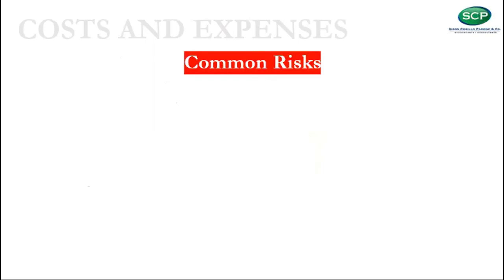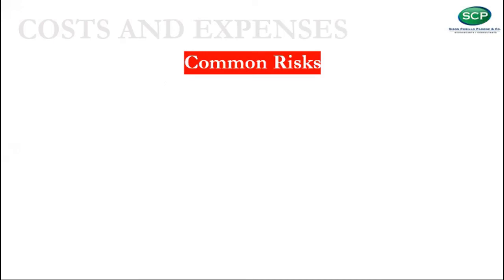You may notice that the common risks associated with costs and expenses are all connected to the related balance sheet accounts. Here are some of those common risks we will briefly discuss. You may also want to refer to the training session we conducted on inventories. Again, this list is not all-inclusive.